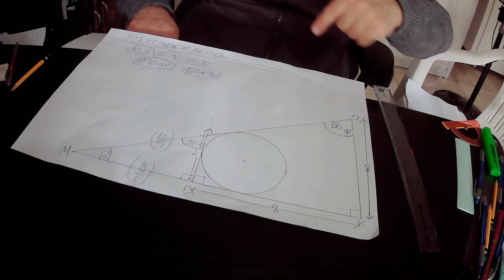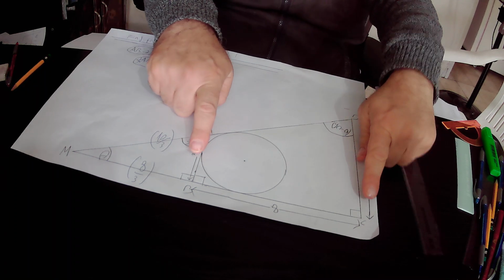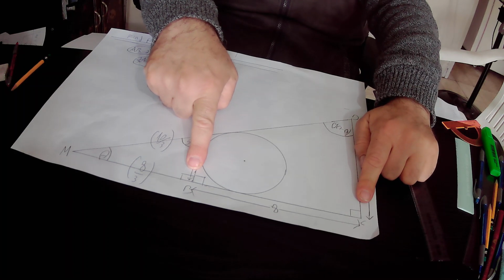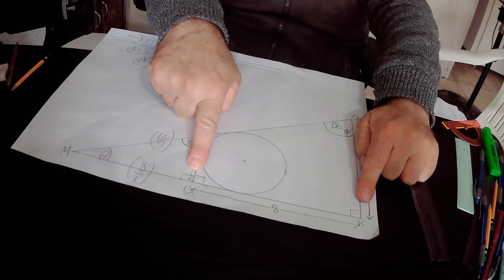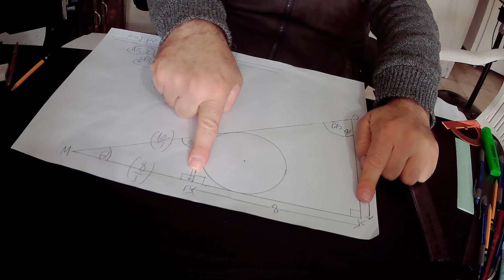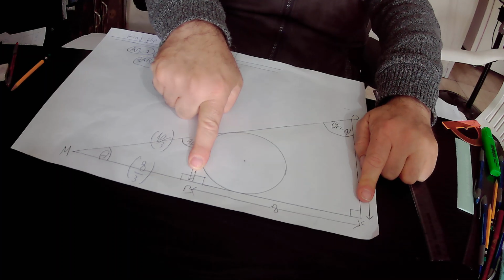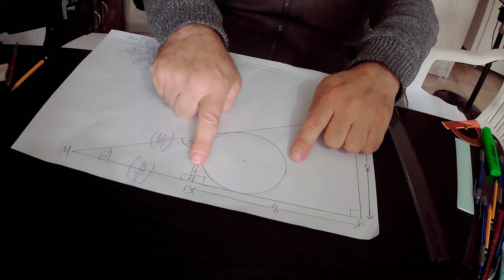Because we can draw the perpendicular on BC at any point on BC. We have infinite points on BC where we can draw the perpendicular. So we'll find the point on BC that will also make it tangent to this circle.